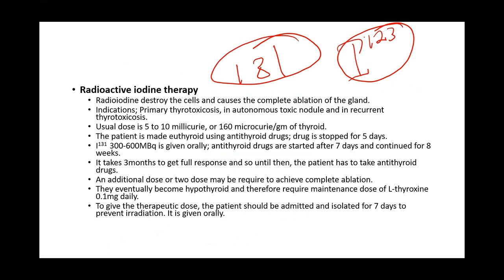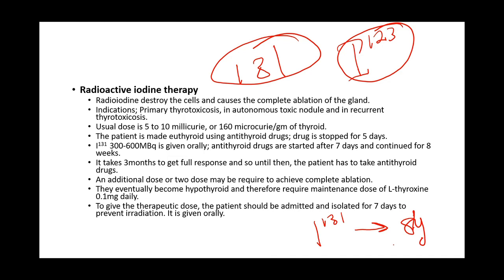For the treatment, you use iodine 131 because the half-life of iodine 131 is longer. The half-life for iodine 131 is 8 days. So it is preferred in the radioactive iodine treatments.